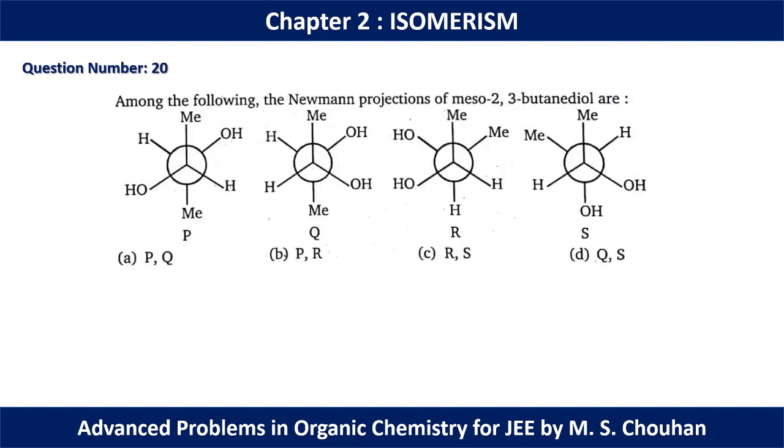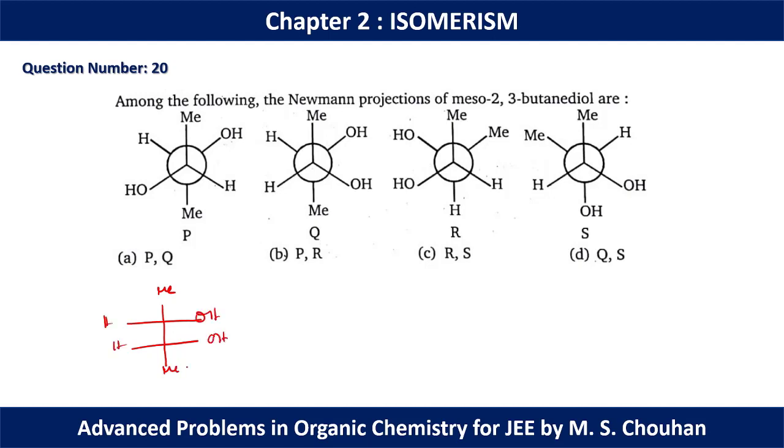In question number 20, which one of the following is the Newman projection of meso 2,3-butanediol? So you can draw the Fischer projection to check the meso form. So in molecule P, we can draw a proper Fischer form which will look like this: methyl, methyl, HOH, HOH.